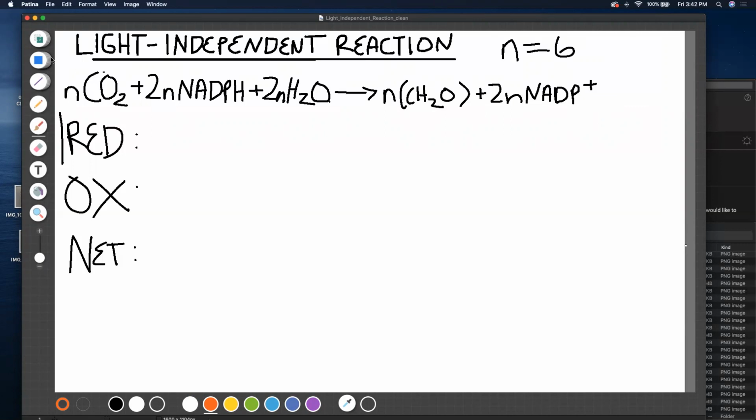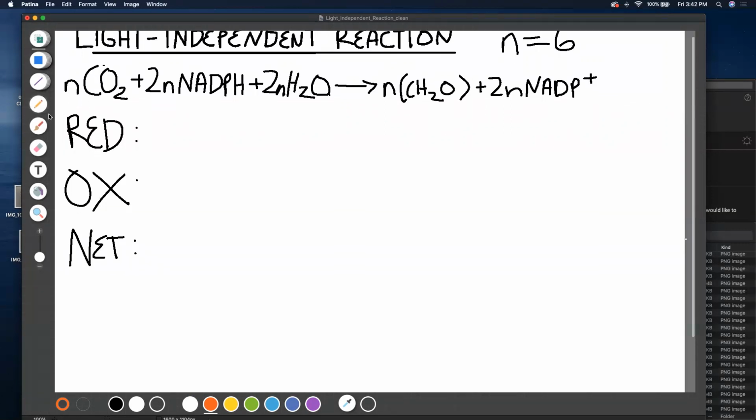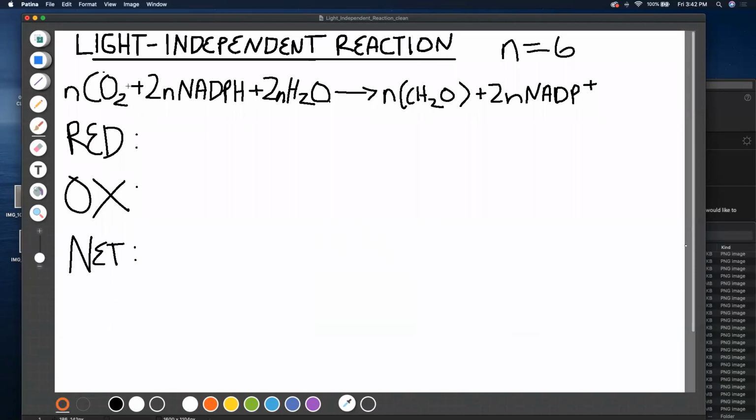And first, we're going to start out like before, figuring out the oxidation states of these atoms and molecules so that we know what's being reduced and oxidized. So oxygen has a 2- when it's paired with something other than itself. Carbon has 4+. To make this balanced, we saw NADPH before.